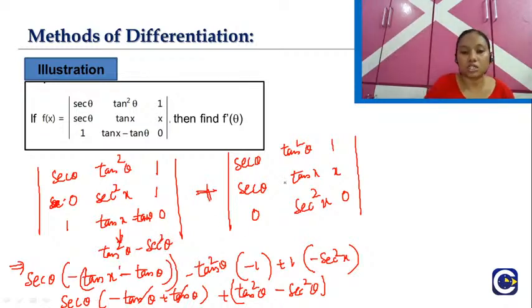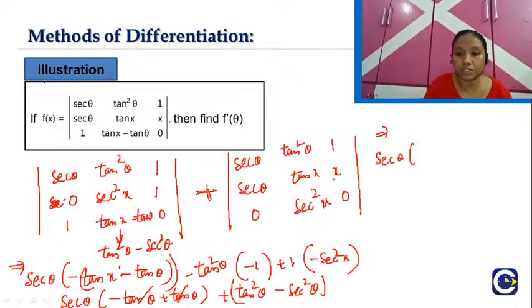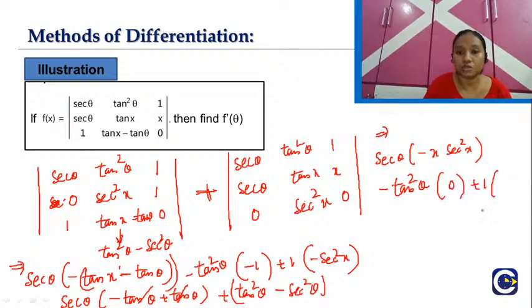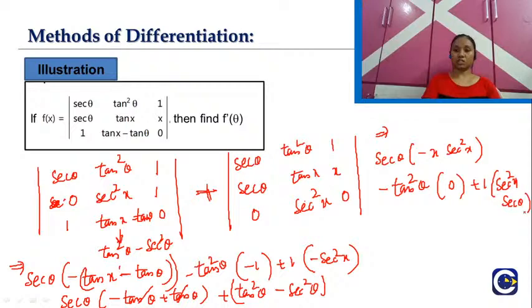Right, so let's see the second determinant here. So this will be secant theta into, this term will be 0, minus x into secant square x, minus tan square theta into 0 into 0, so complete 0, plus 1 into secant square theta into secant theta, and this will be 0. So here in place of x we have to substitute theta because they have asked f dash theta.